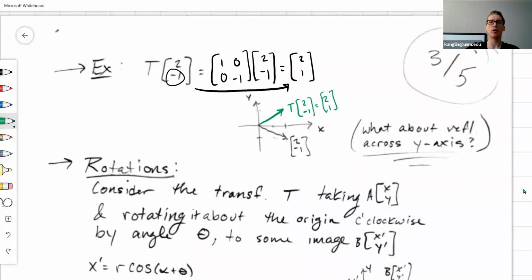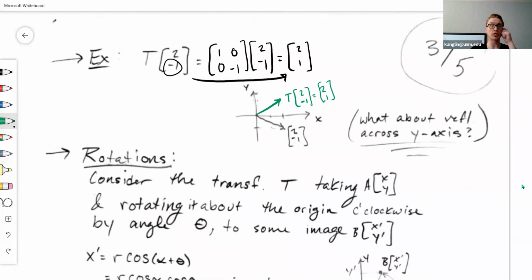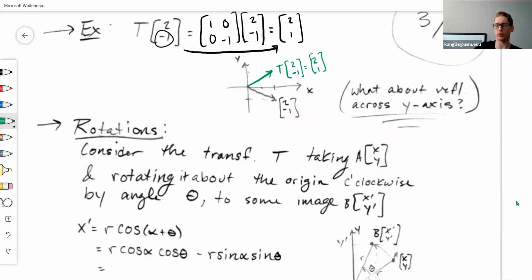Now let's talk about another one of these transformations that can be represented by matrices. Another one is a rotation. We've seen contraction and dilation, we've seen reflection. Now we're going to see that a rotation transformation can also be written as matrix multiplication. So let's consider the transformation T taking a point A, which I'm saying has coordinates x, y. I don't really like the notation I've used here, A, x, y like that.